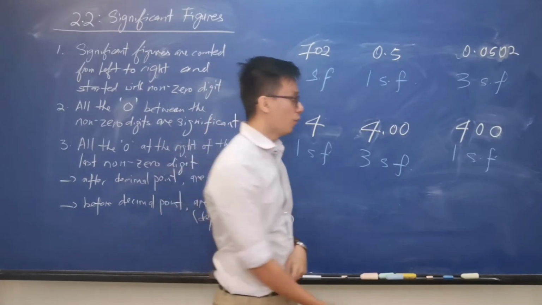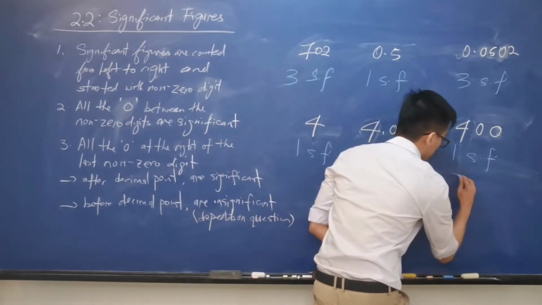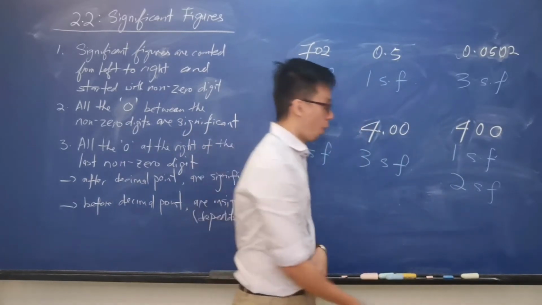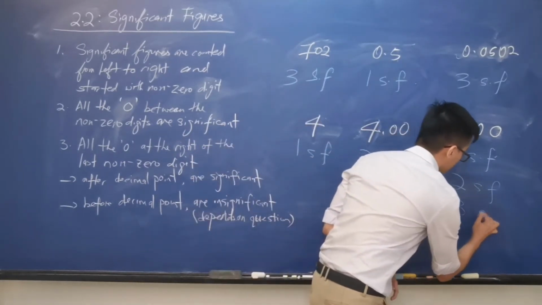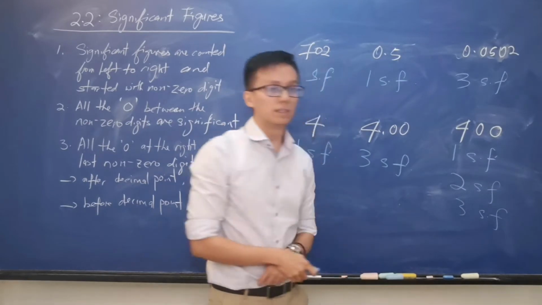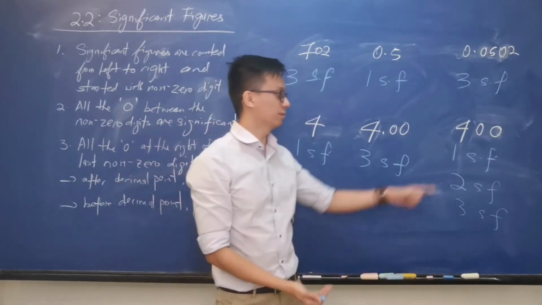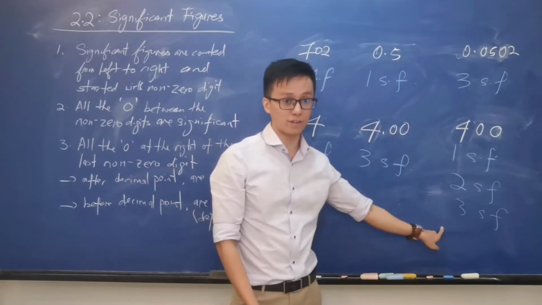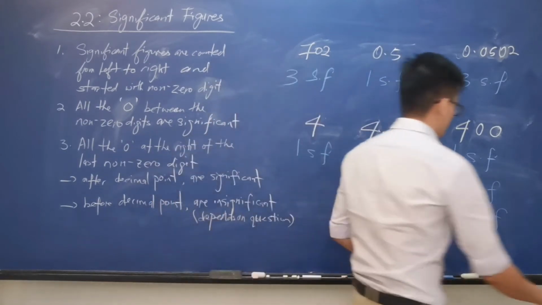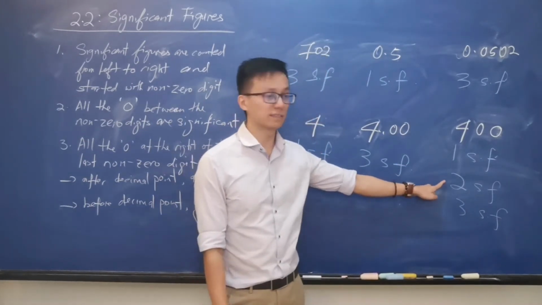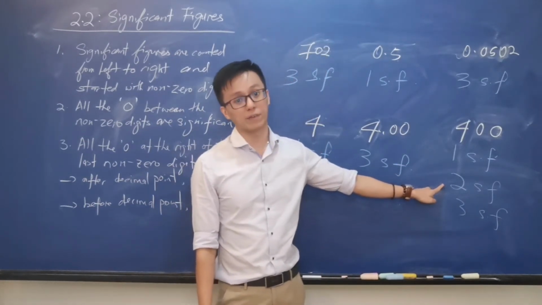In some conditions, we also can say that it is 2 significant figures or 3 significant figures. So I will give you an example to explain the 400 here. In which condition is it considered 1 significant figure? Which condition is considered 2 significant figures?